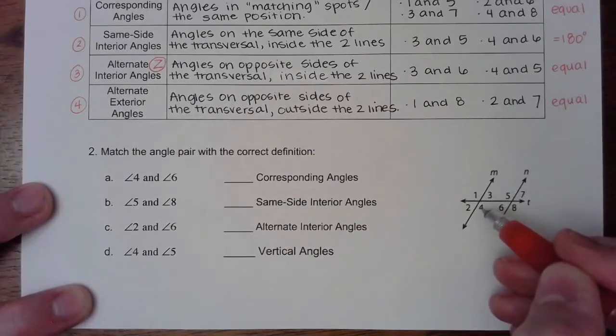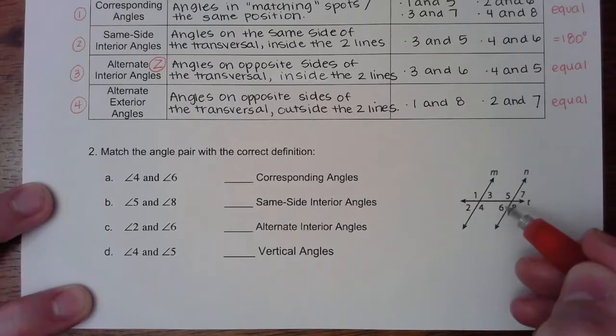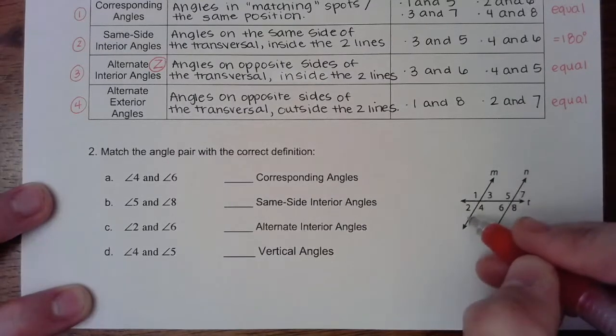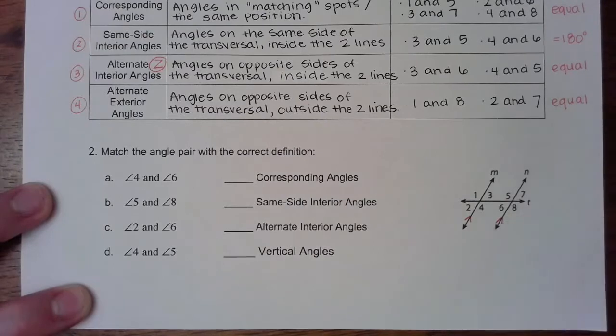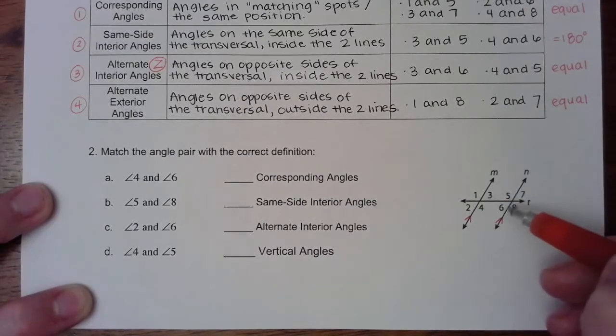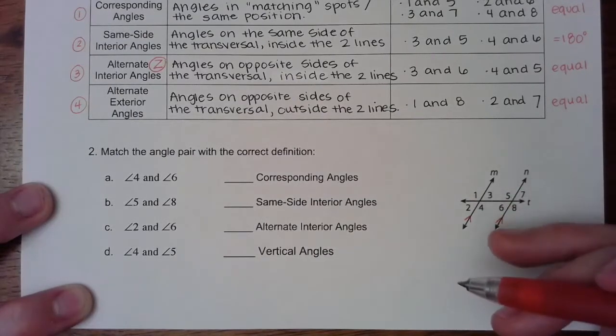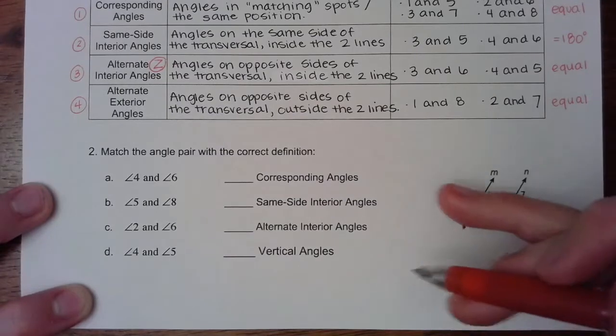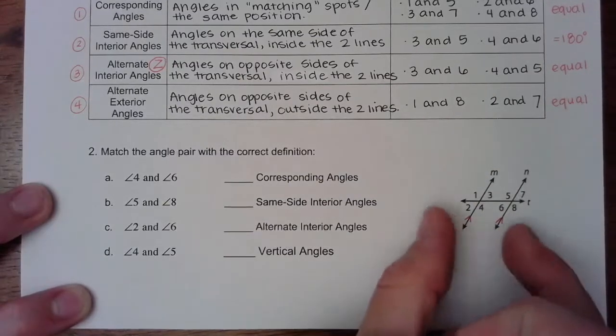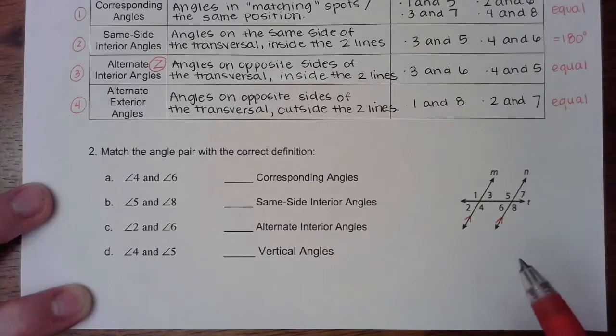Oh, M and N are the parallel lines, so I'm going to add the marking onto the picture. Angle 4 and angle 6 are both under the transversal, so they're on the same side of this line, and they're inside the parallel lines. So inside and same side, so those are same side interior angles.